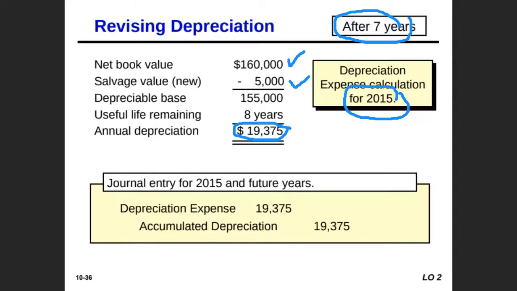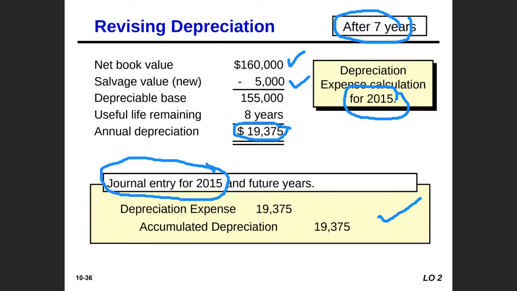Okay. And then you make a journal entry for 2015. What is the journal entry for 2015? You'll say depreciation expense, and accumulated depreciation, like this. Is it clear? Sometimes in exam questions, you may be asked just to make a journal entry for 2015 based on the given information.